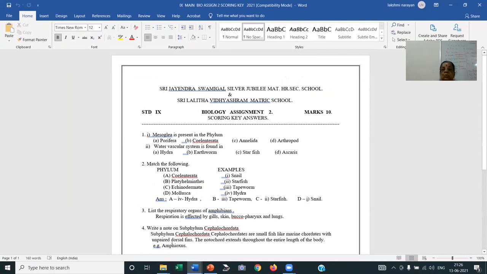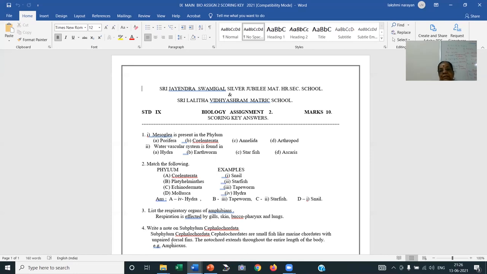Then assignment 2, which is a continuation. Mesoglea is present in the phylum Coelenterata. Water vascular system is found in starfish, that is phylum Echinodermata, which is characterized by the presence of a water vascular system.